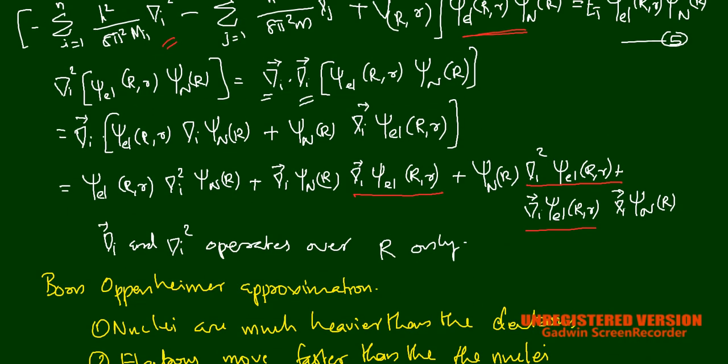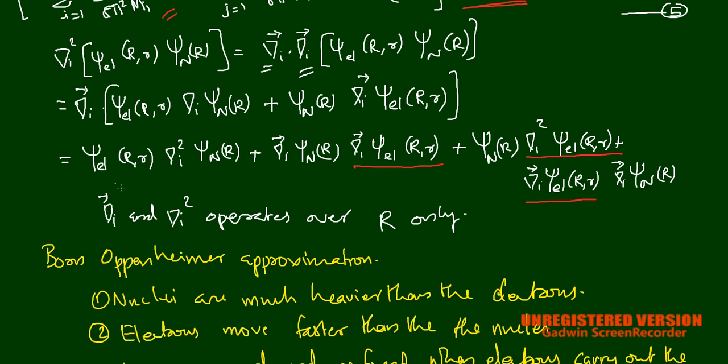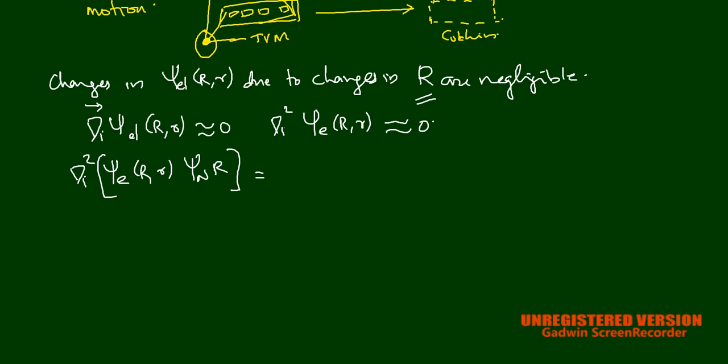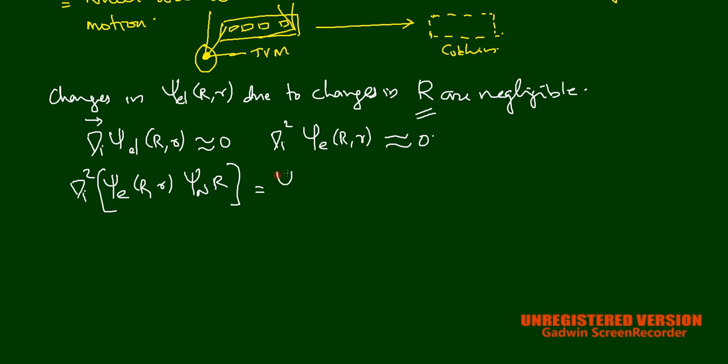What is the first term here? The first term is ψ electronic del I square ψ n r. Okay.